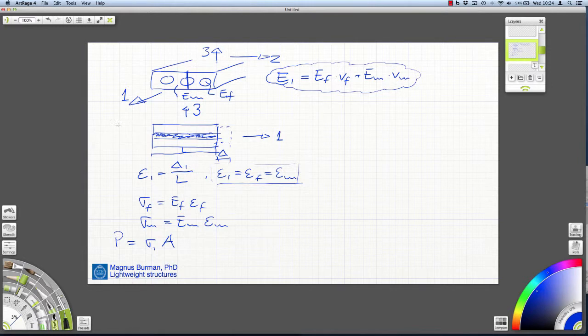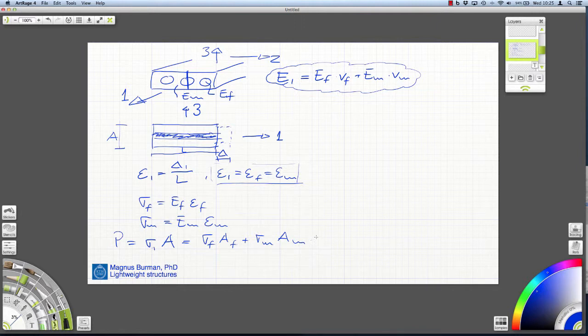So we have some cross-sectional area here, the height times the depth. If the depth is 1, the height and area are the same. But because of force equilibrium, we can now say that the stress in the fiber times the area of the fiber plus the stress in the matrix times the area of the matrix is balanced out by this.